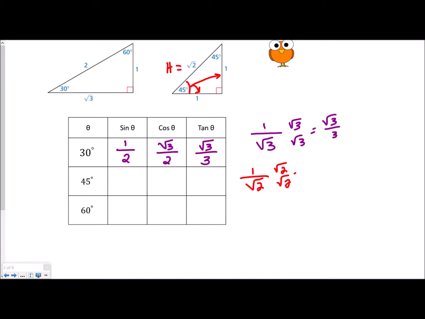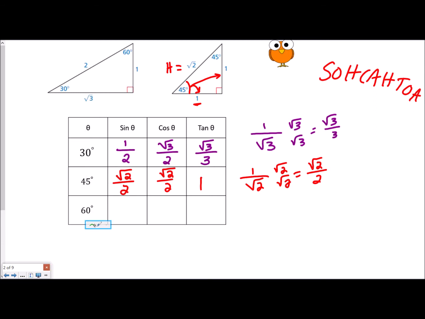Once we rationalize, that becomes square root of 2 over 2. Now, if you look at that, you recognize that the adjacent and opposite are the same. So cosine's also going to be square root of 2 over 2 because it will just be 1 over square root of 2 and it rationalizes. Okay, tangent is 1 divided by 1, so just 1.